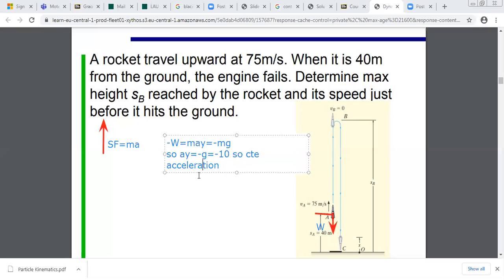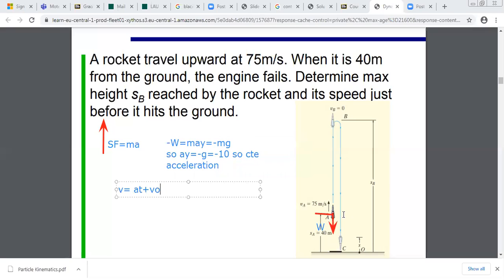Okay, so I will write them here, and we will try to use the corresponding equation to solve this problem. So directly, when you have constant acceleration, you can say that v is equal to at plus v0, of course if we consider the boundary condition for t equals 0. And here this is the case. We can consider that at t equals 0, we are at a.